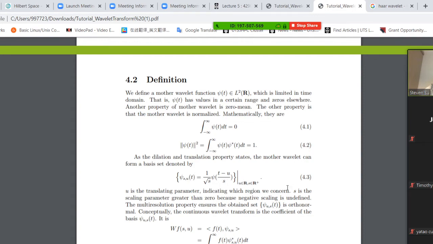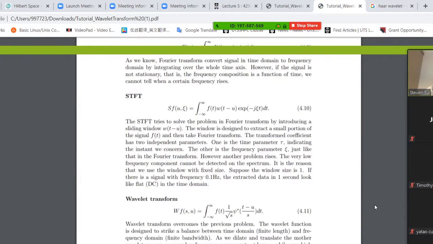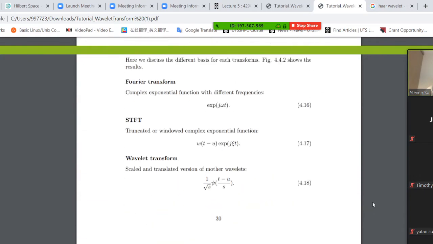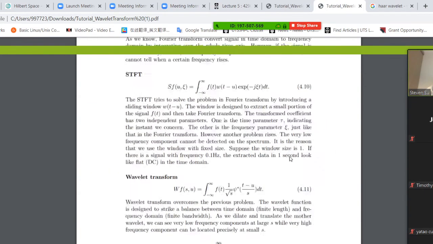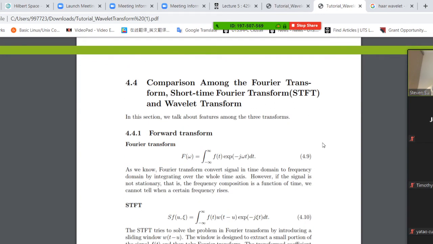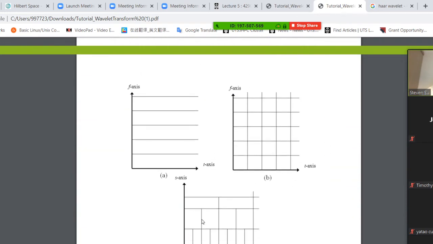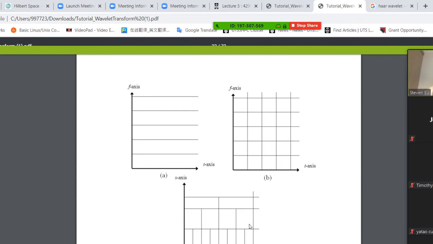After I go to the application point of view, they introduced the short-term Fourier transform last time, and here is why wavelet is better. Like I discussed last week, for the Fourier transform they assume the signal doesn't change in time, so they only have frequency information.